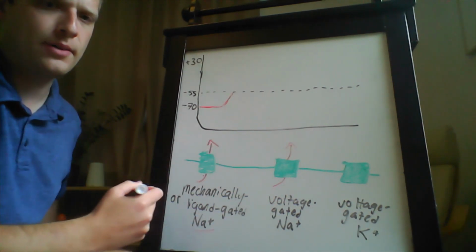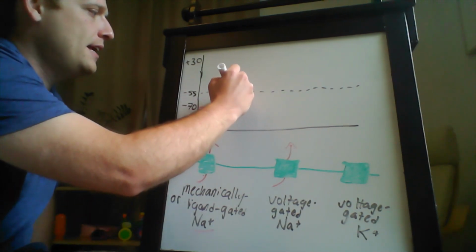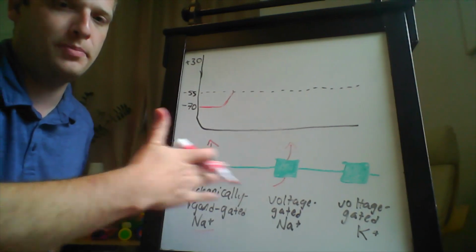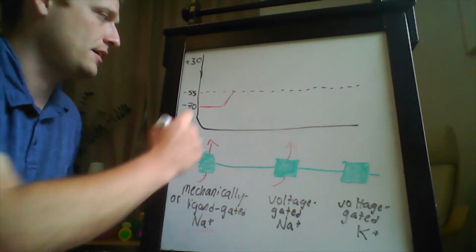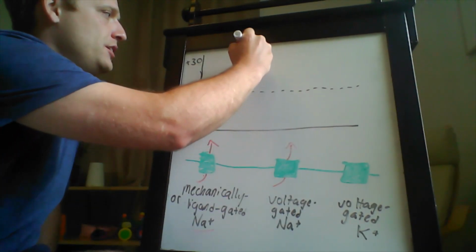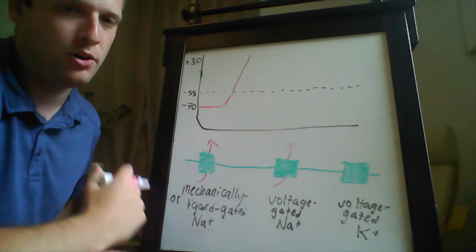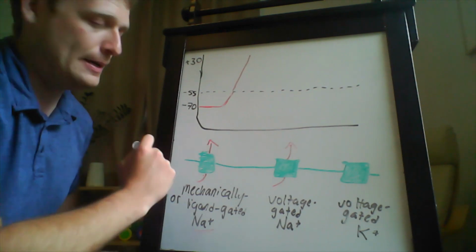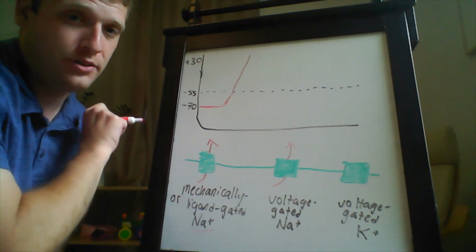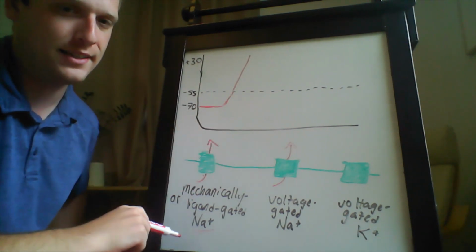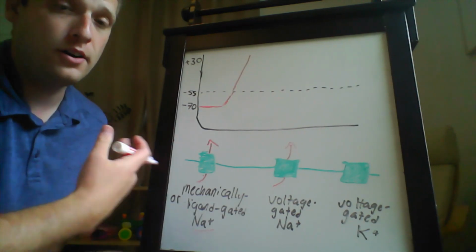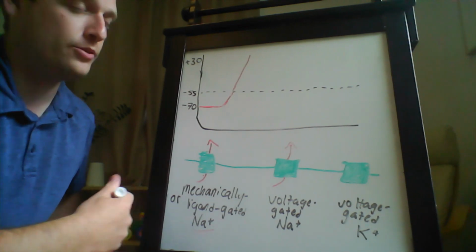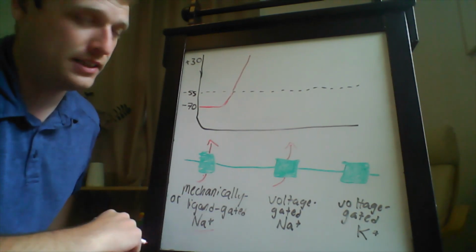You reach that threshold, and then these voltage-gated sodium channels open along the length of the axon, and that causes the cell to rapidly depolarize. The electrical signal is going to propagate down the axon, and ultimately cause the release of neurotransmitter, or the stimulation of the next cell in the chain.